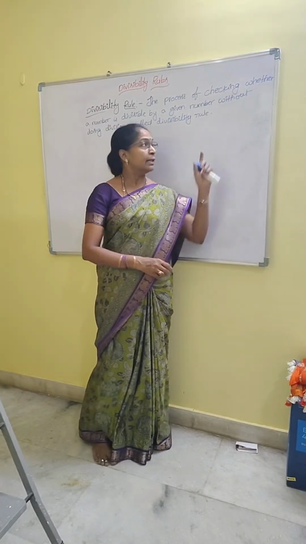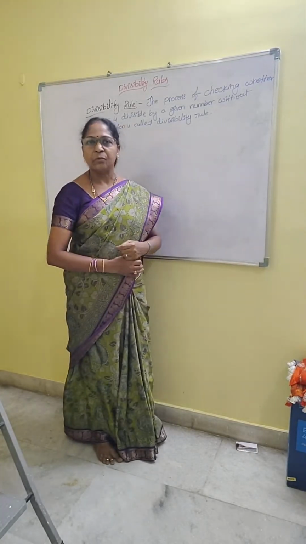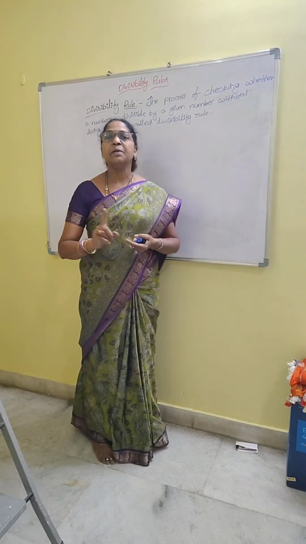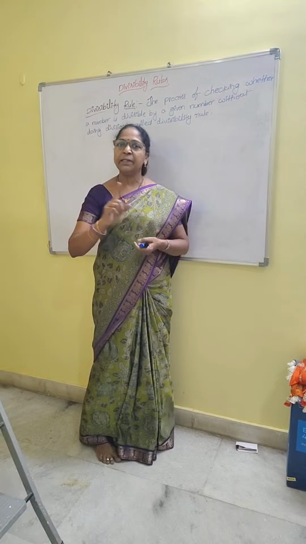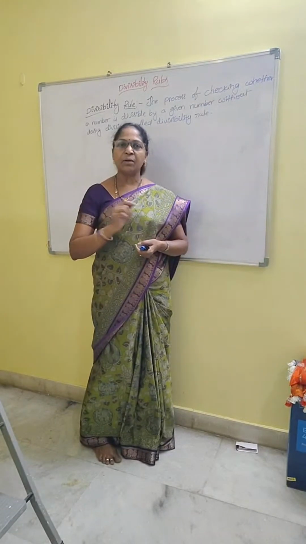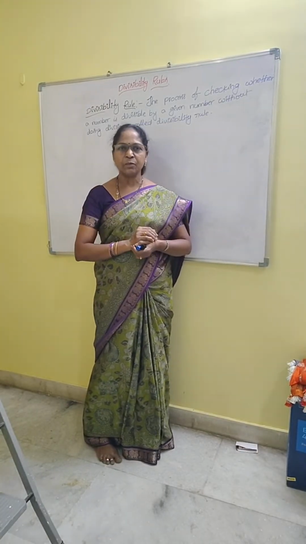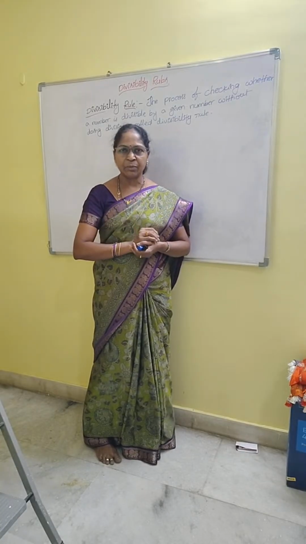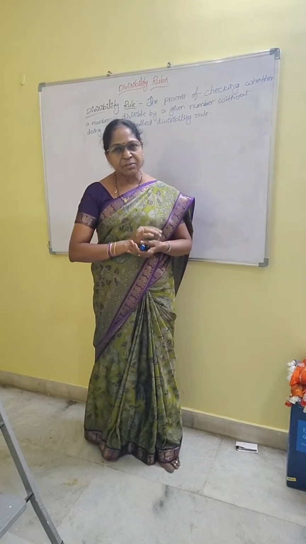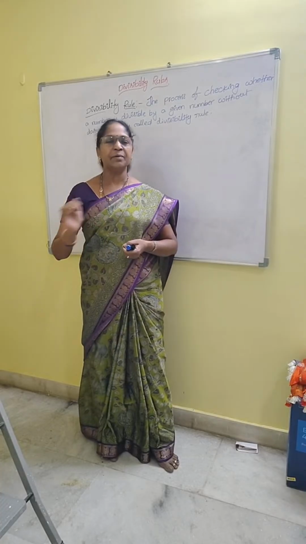We have different divisibility rules: divisibility rule of 2, 3, 4, 5, 6. The rule of 7 is also there but a little different, so we can learn it later. After 6 come the divisibility rules of 8, 9, 10 and 11.